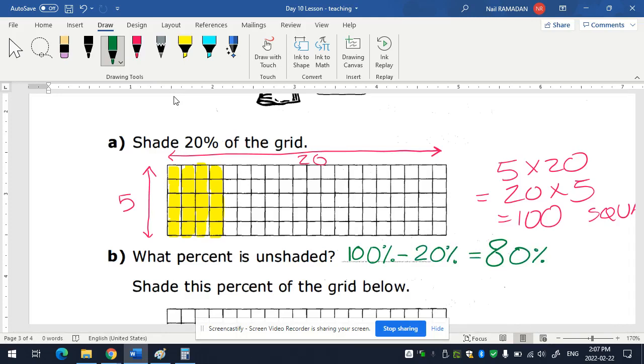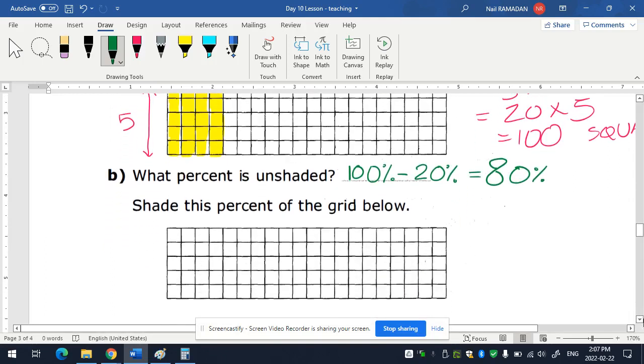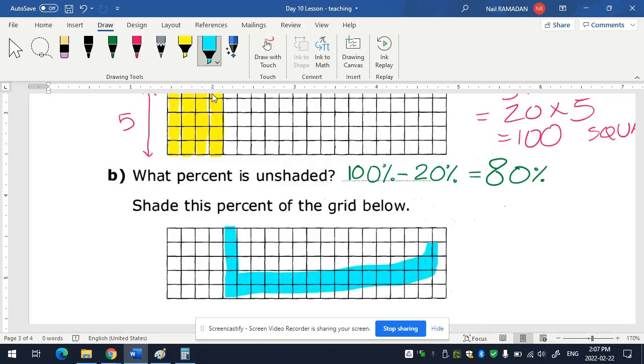Okay, shade this new percent now. Look at them, they're identical sizes. So what you can do now is start here and shade the rest. Because that is now yellow, you are now shading the rest. Go ahead, you can just shade it as a block.